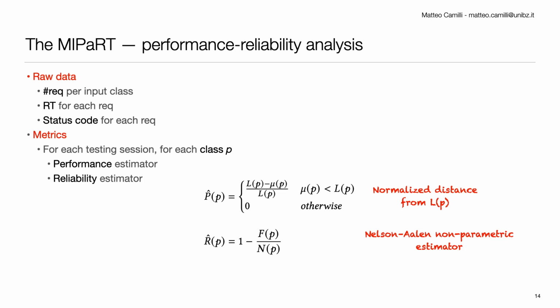The performance estimator is essentially computed as the normalized distance from a particular performance threshold, LP, that is, for instance, determined based on usability engineering practices. And as reliability estimator, we use the traditional Nelson non-parametric estimator. That is essentially 1 minus the number of failed requests divided by the total number of requests, in our case, for a particular input class.